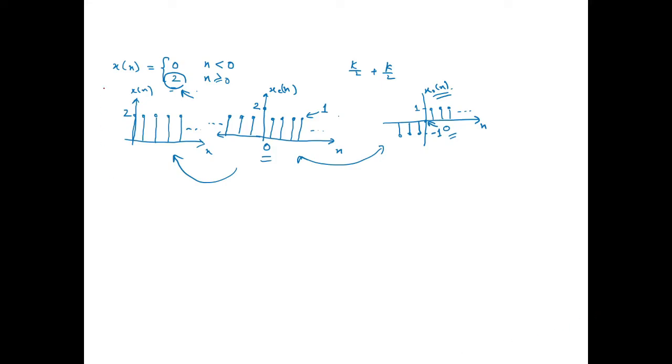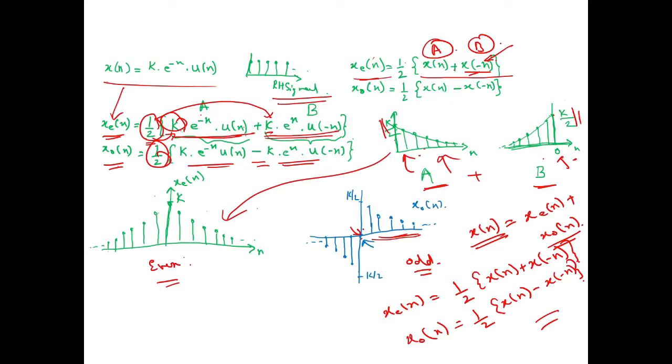Now, in the same way, you can get it over here. We are given x of n, which is equal to 0 for n less than 0, and 2 for n greater than or equal to 0. So this is your x of n. These amplitude values are basically a step function. For n greater than or equal to 0, we have a value of 2. Now, what will x e of n be? Half of x of n plus x of minus n.